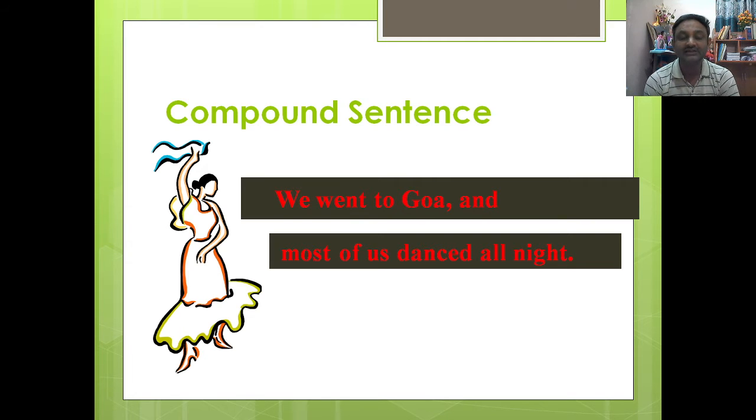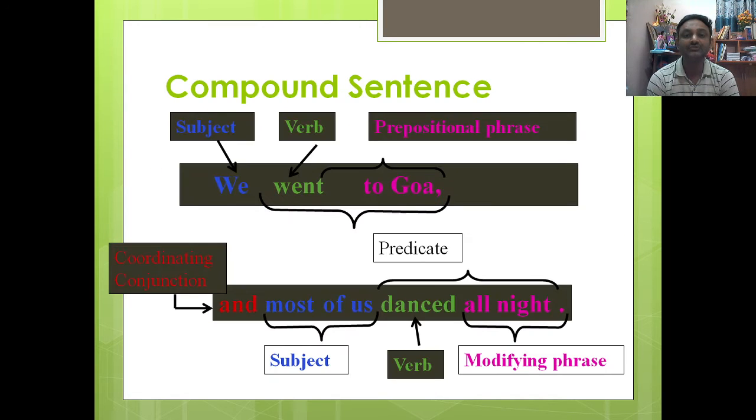The example of the compound sentence can be seen. We went to Goa, comma, and most of us danced all night. So a compound sentence can be understood with this slide. A subject, verb, a prepositional phrase. Similarly, we went to Goa.